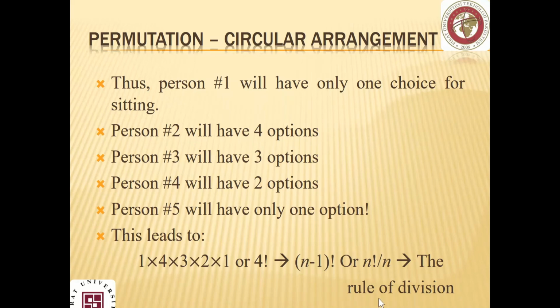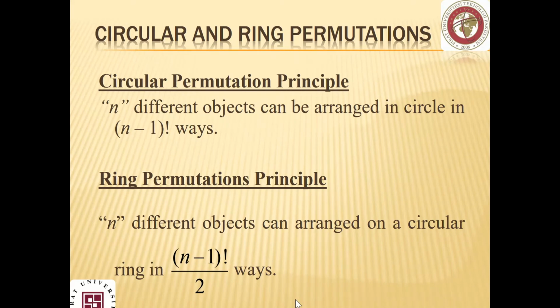Circular permutation is exactly applied by the rule of division, or n minus 1 factorial, or if you like, n factorial over n. So these are equal actually. Mathematically they are equal. Okay. Now, the circular permutation, you can apply it, as I said, in these 2 rules, but we have also another exception.